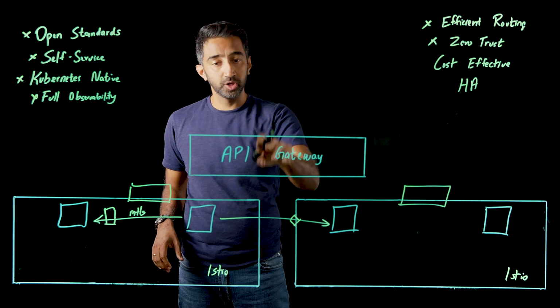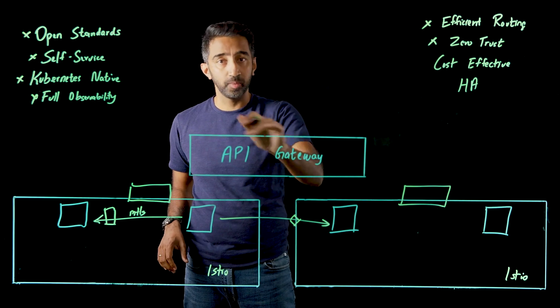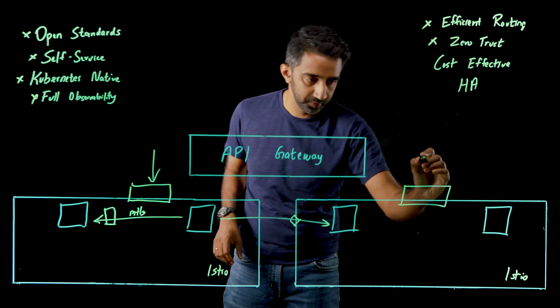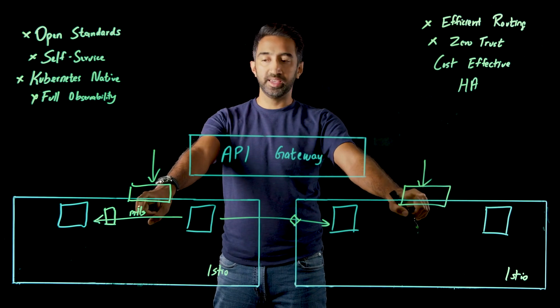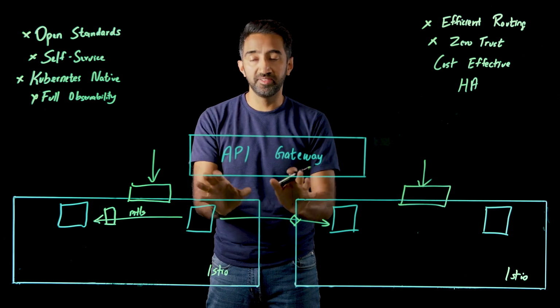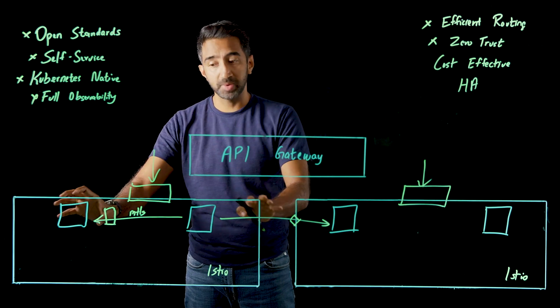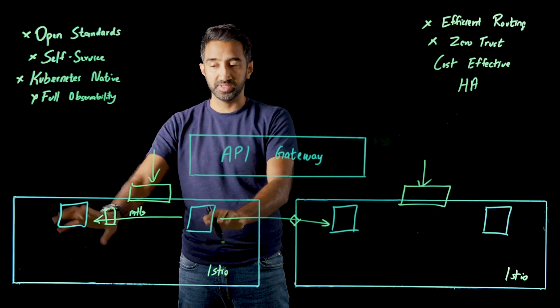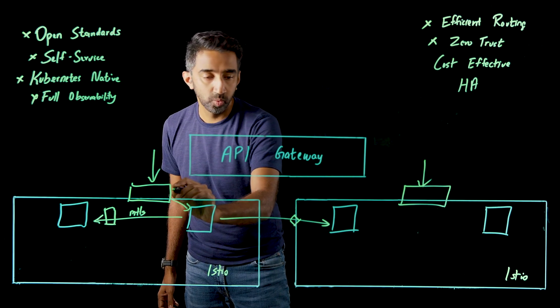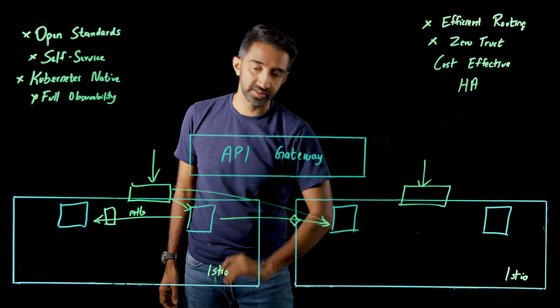So instead of traffic going to the external API gateway, we can send traffic directly to the Ingress gateway of that cluster. And because these Ingress gateways are part of the mesh, they get the same advantages that the service mesh provided for each of the services. So this gateway can route to the local cluster as well as route to remote clusters.